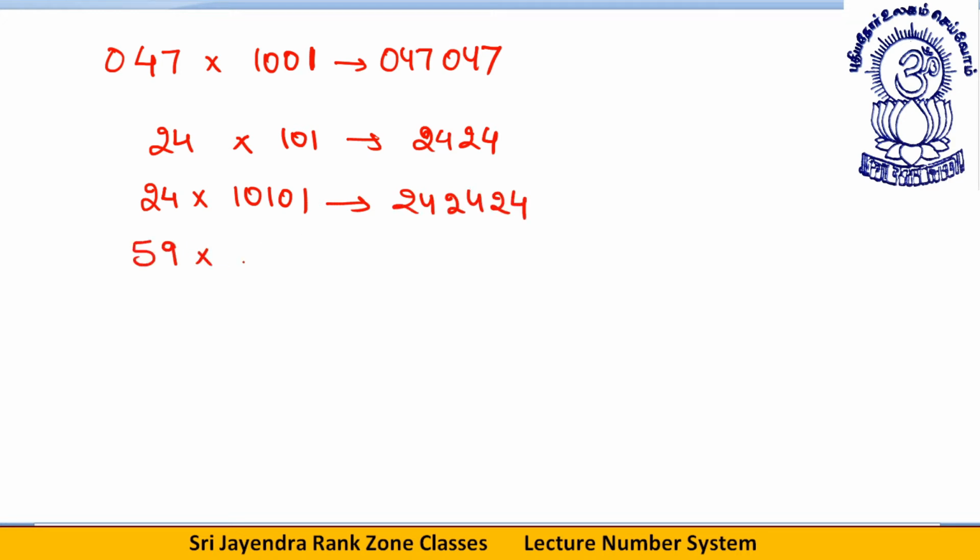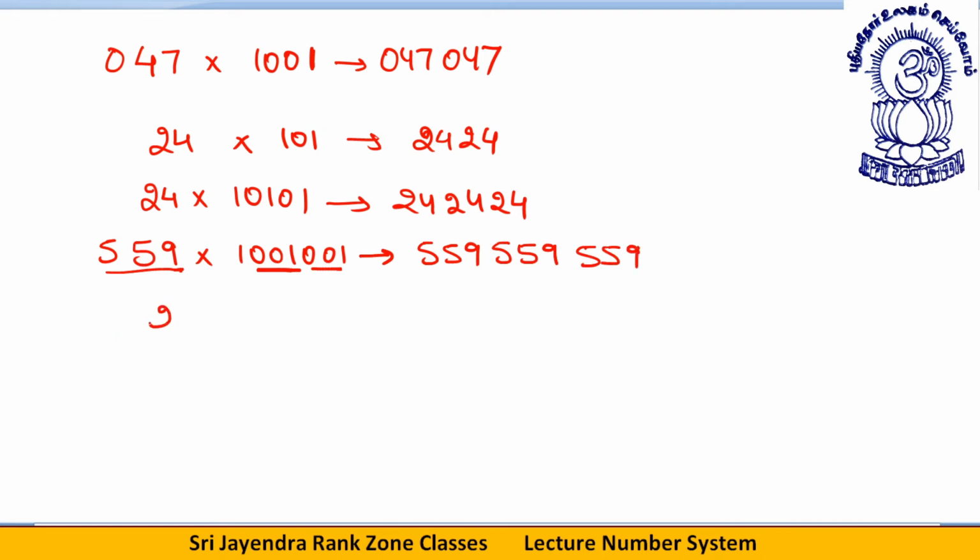If I write 559 into 1000100 this way, I have this set 001 twice. This 001 will repeat a three-digit number twice. This is the number itself. Now let's repeat it twice.